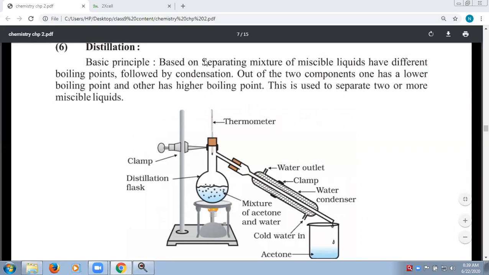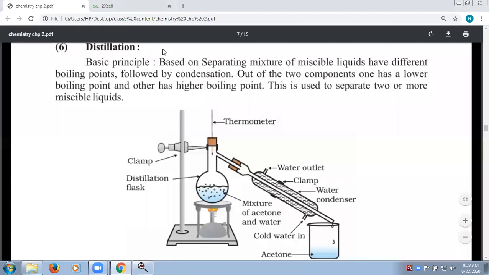So our main focus today will be getting the two different components of miscible liquids, and how to obtain pure water from water which contains many dissolved salts.